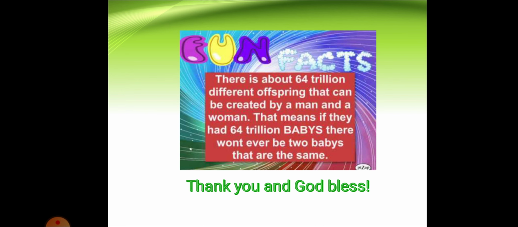That means if they had 64 trillion babies, there won't ever be two babies that are the same. Diba? Kung tignan nyo, napaka-great ng creation ni Lord. Sabi niya dito, there are 64 trillion different offspring that can be created by a man and a woman.